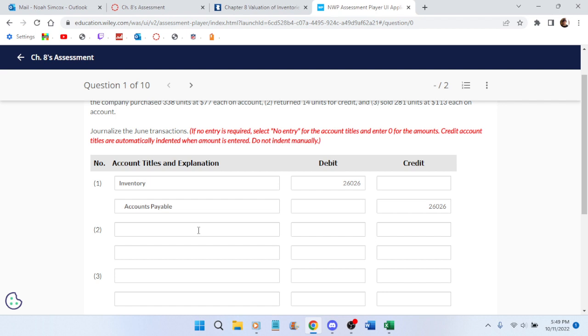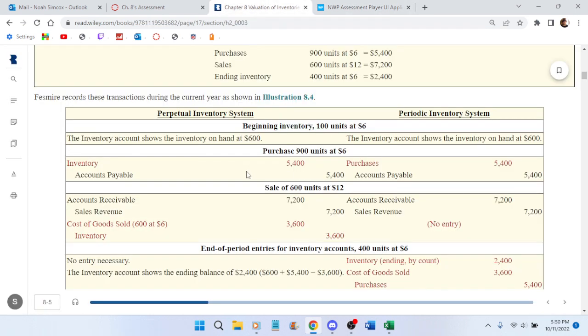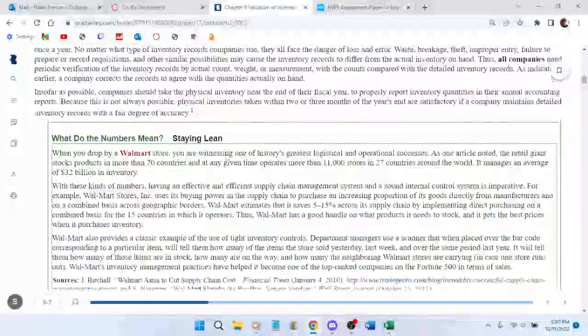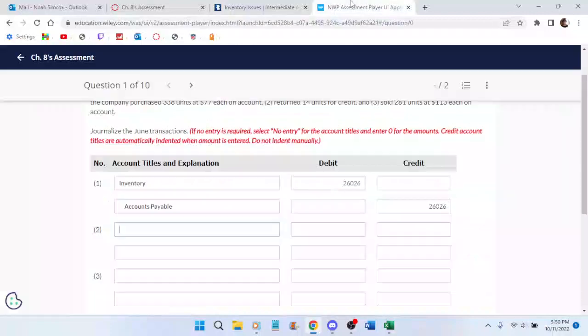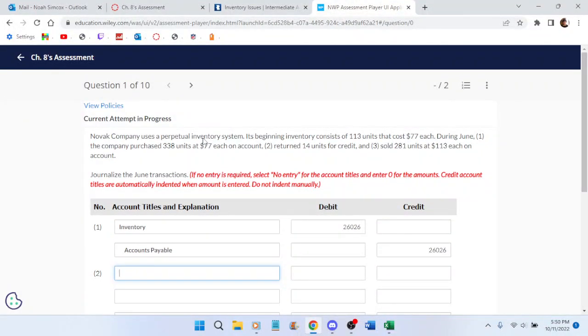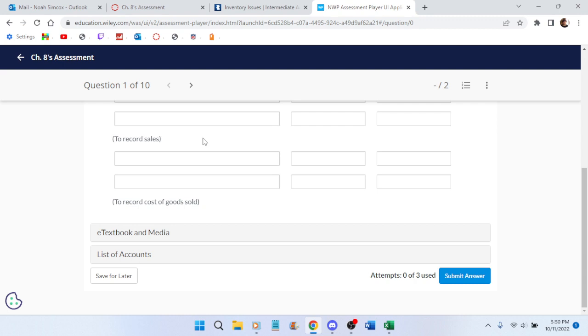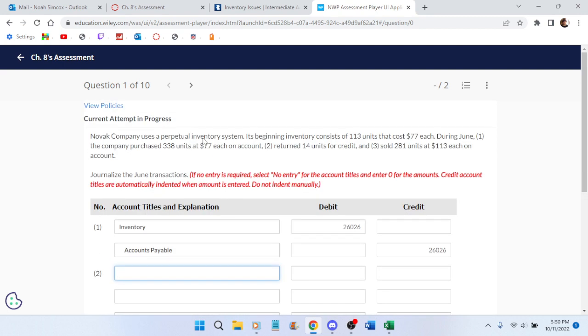So if you return units, what happens? Okay. What happens if you return it? Does that mean you directly decrease inventory? No, I don't know. What if you decrease units? This is supposed to be learning objective 1, right?